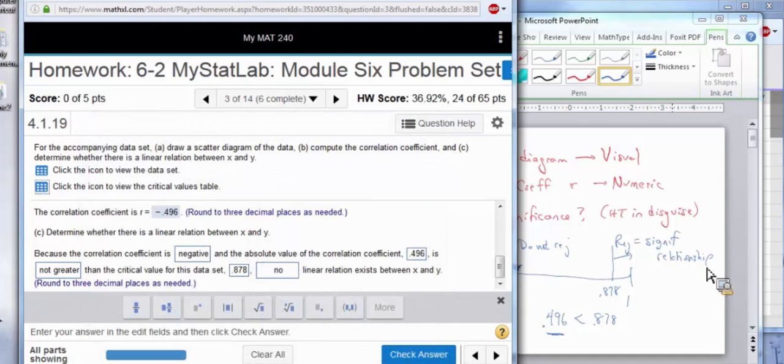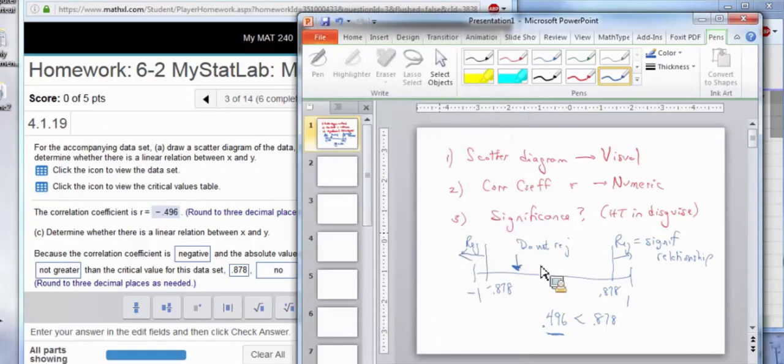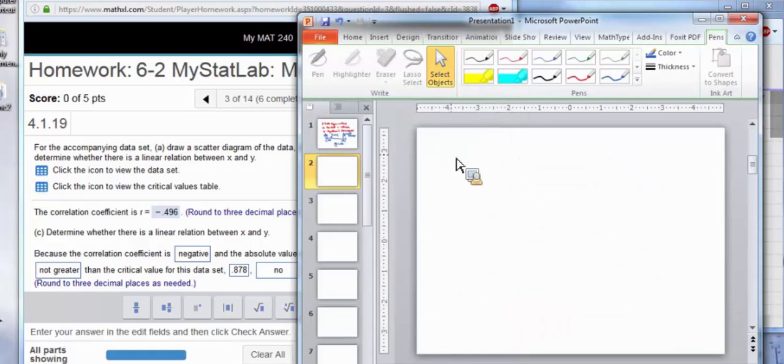So let's talk about it in our hypothesis test terms. So this is number 3. We're doing a two-tailed test. The null hypothesis is that the correlation equals 0. In other words, no relation. X and Y have no relation.